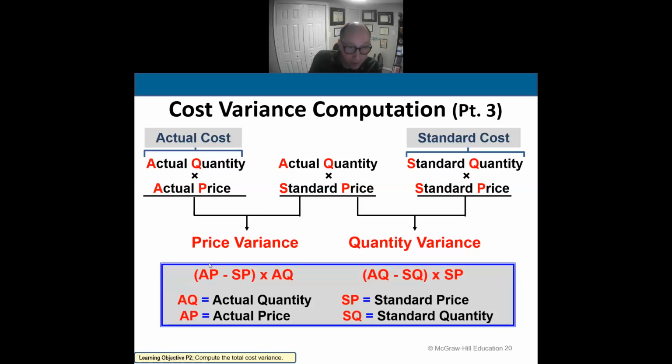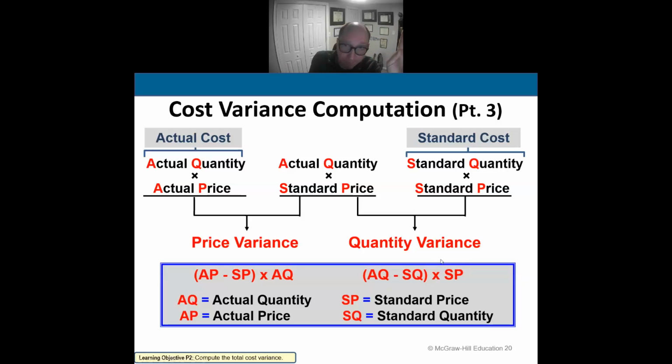So the actual price minus the standard price, do that first, then multiply that by the actual quantity to find the price variance. To find the quantity variance, we take the actual quantity minus the standard quantity, and then we multiply that by the standard price.